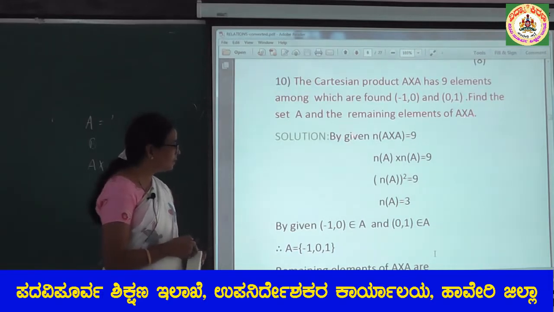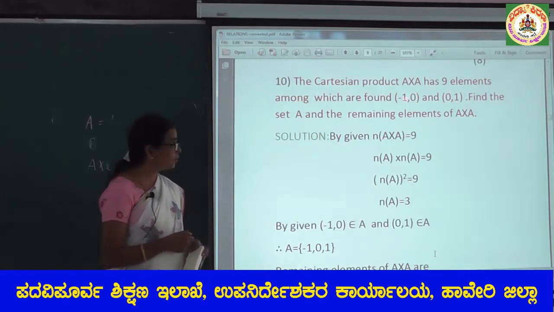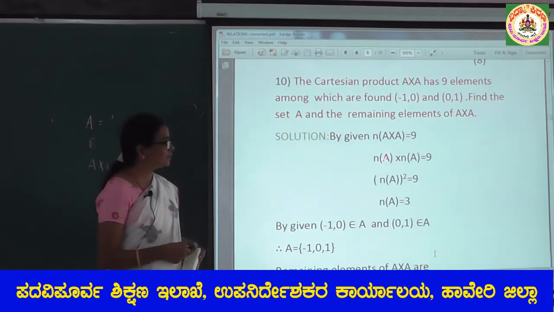It is clear that n of A cross A is equal to 9 elements. After splitting this, n of A whole square is equal to 9. Therefore, n of A is equal to 3.